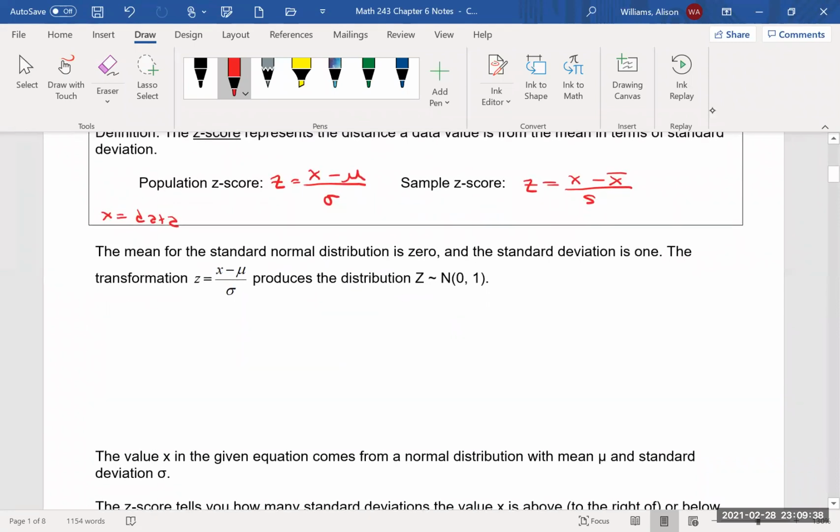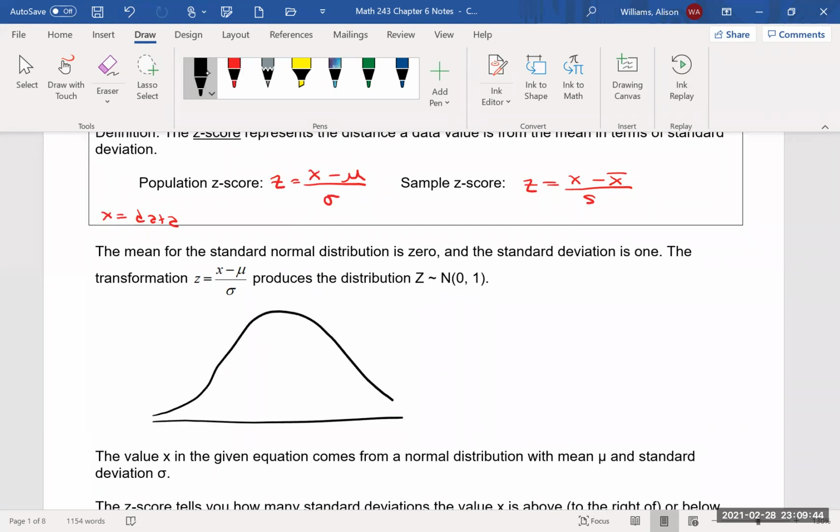The normal distribution sets up like this. I'll draw the bell-shaped curve. We have the mean in the middle, and then we have one standard deviation away. Let me change colors for that. This will represent a standard deviation away from the mean, and it can go on either side.